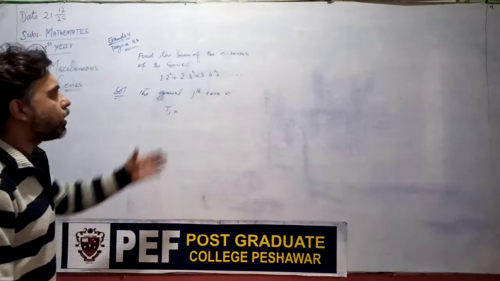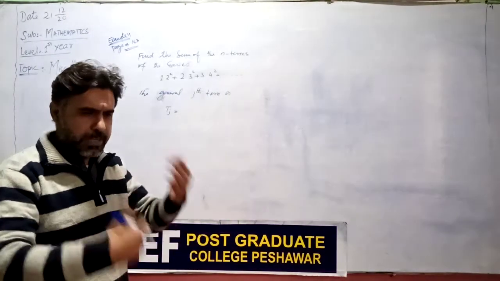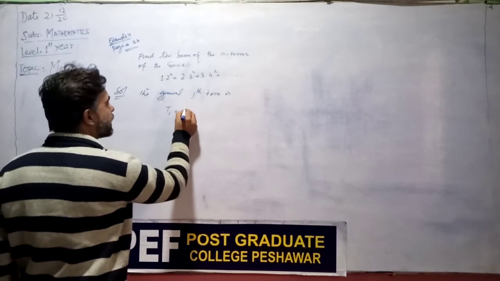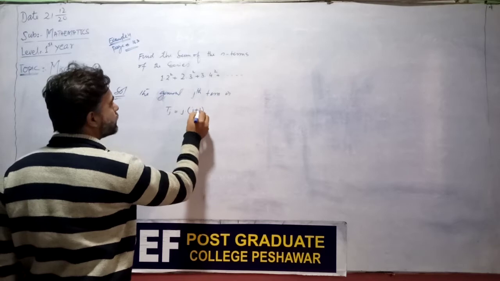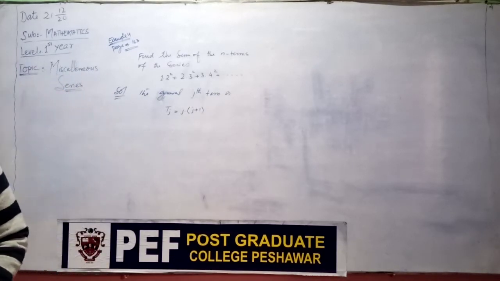Let me call the nth term or the jth term the general term which actually generates the terms of the series. I am going to consider this as j times (j plus 1) squared.